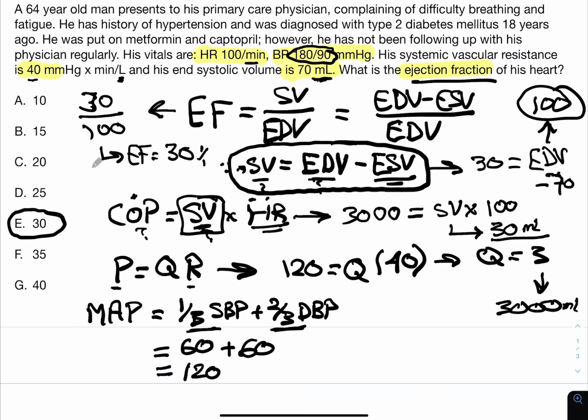So for example, in this case, the first time I saw ejection fraction, I immediately wrote down the formula, and then I figured out, okay, I have two unknown variables. What other formulas could I think of that could give me one variable in the ejection fraction formula? So stroke volume, for example, is one of the unknown variables in the ejection fraction formula. So I thought of another formula that has stroke volume in it.